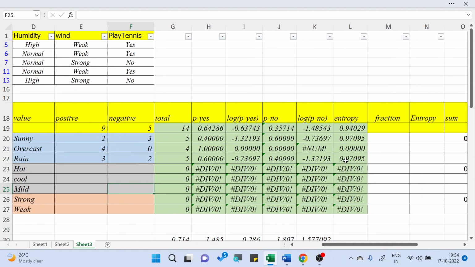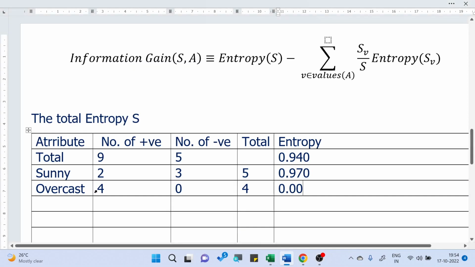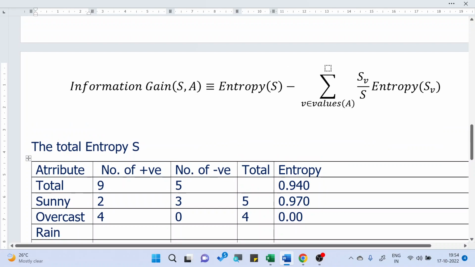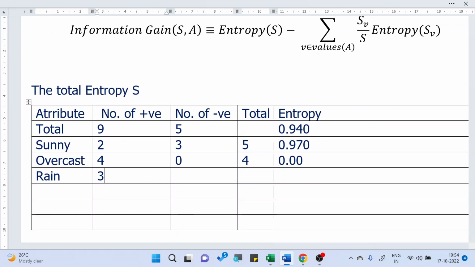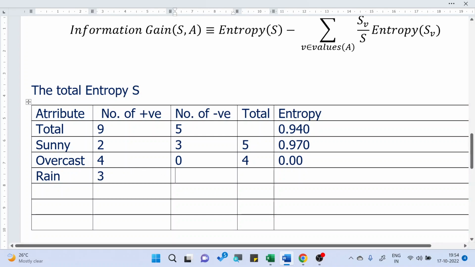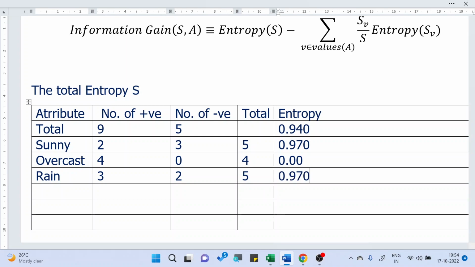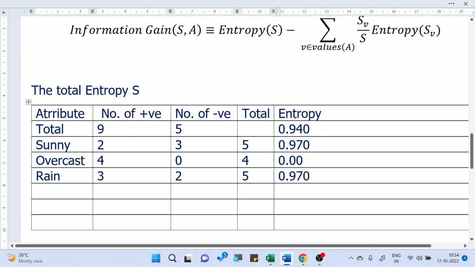We will get 0.970. So this is rain, 3 positive and 2 negative, or 2 positive and 3 negative. Because it is an empirical calculation, the entropy, the measure of disorder or impurity, is the same. So now we got the entropy of all the 3 values of outlook.